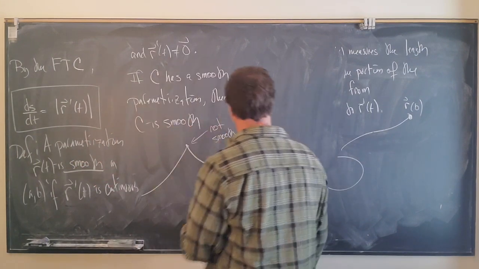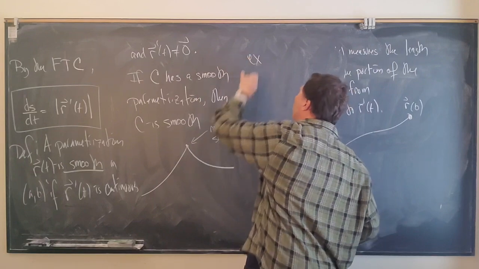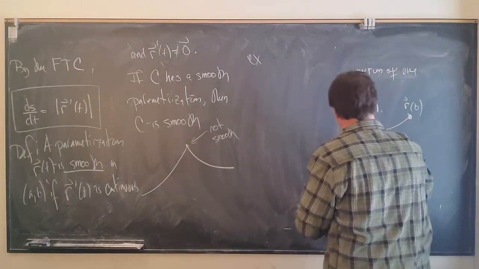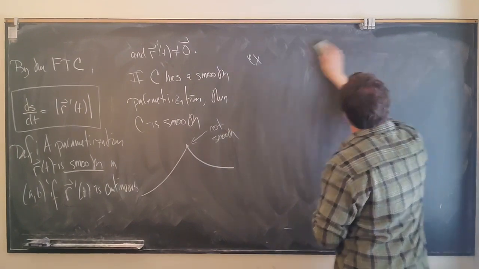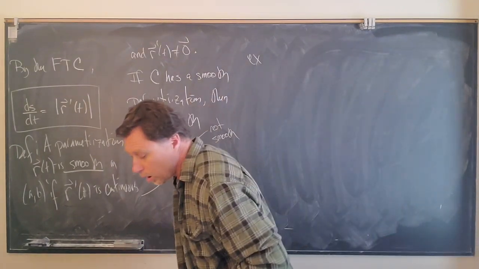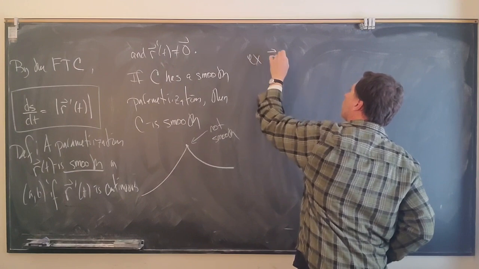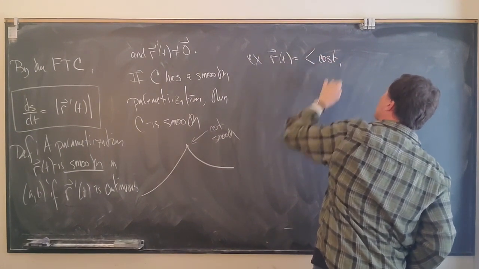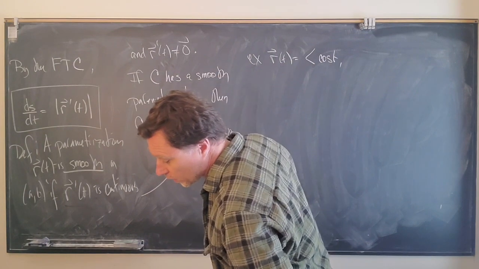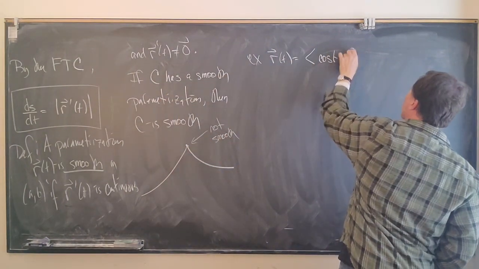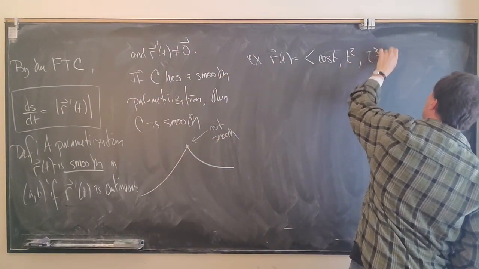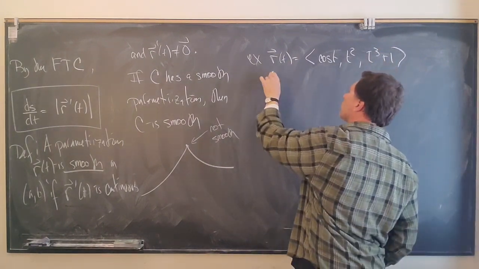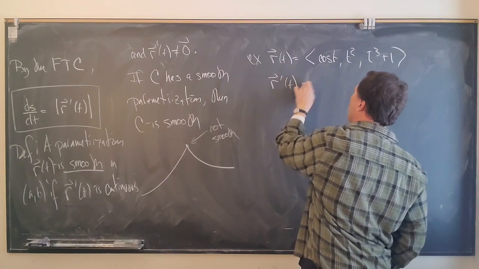So for example, let's look at this one here. r of t equals cosine of t, comma, t squared, comma, t cubed plus 1. So let's look at r prime of t.